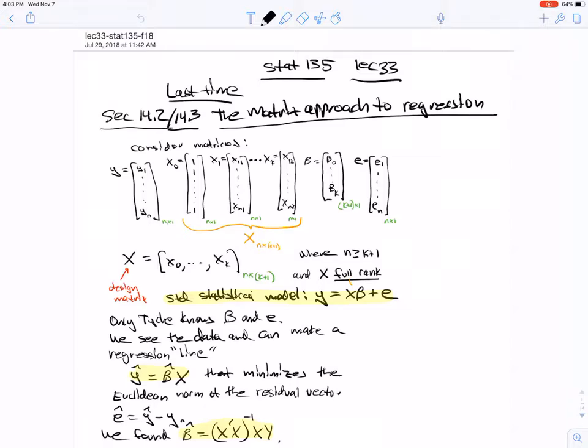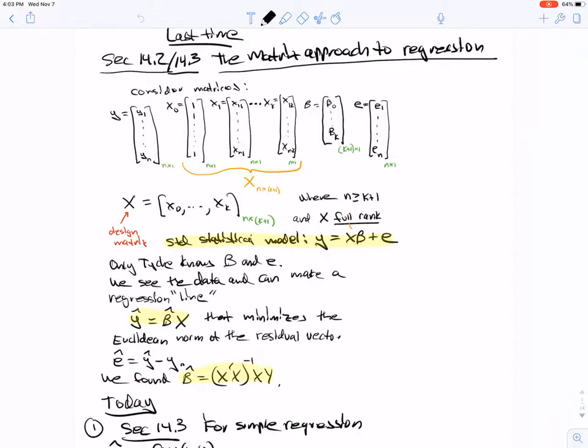So beta hat is defined as that vector that minimizes the Euclidean norm of the residual vector, y hat minus y. So y hat minus y is the error, predicted minus actual values of the response variable.